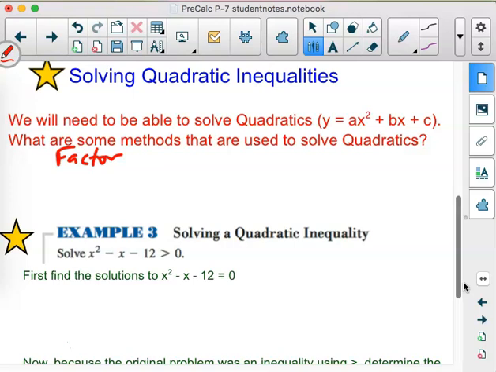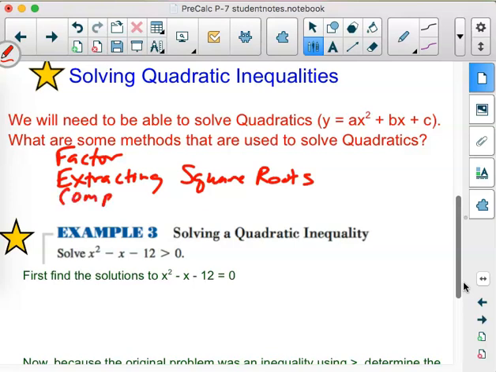If that's not working, sometimes the problem is set up so we can do the extracting of square roots. Not very often, but sometimes. Because usually those steps come from completing the square. And then we're using the process of extracting square roots while we're completing the square.